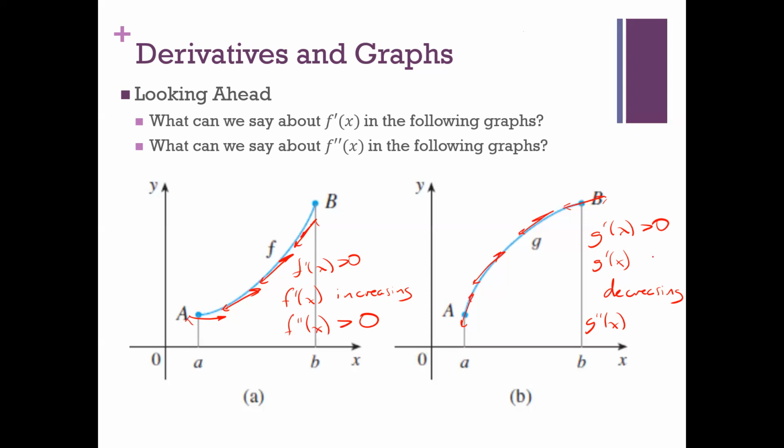What's true of g double prime? Well, g prime is decreasing, right? So what does that mean about g double prime? It's negative. And let's relate that to what we've talked about, a function and its first derivative. If the function f is increasing, all you can tell me, unless I give you more information, is that the first derivative is positive.